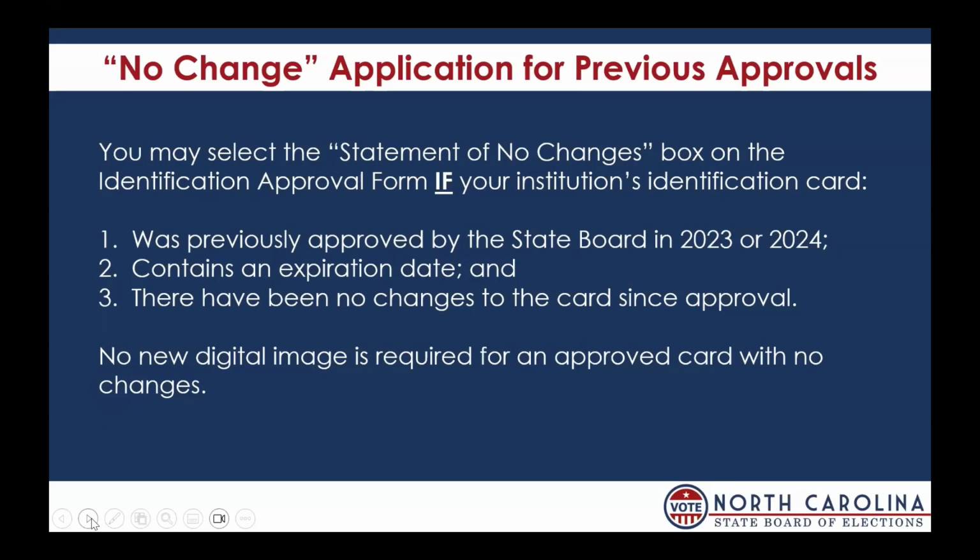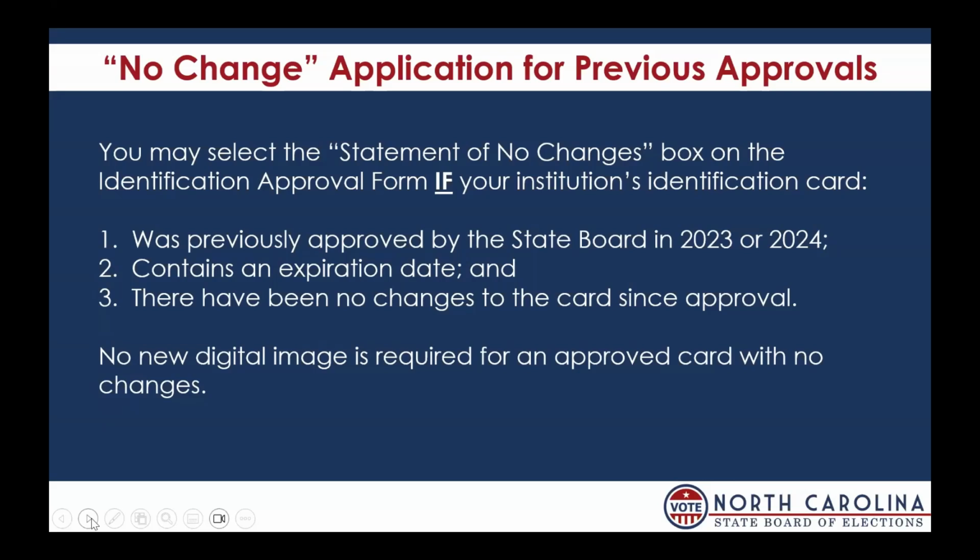And an eligible institution can check that box and submit the abbreviated form. If it was previously approved by the state board in 2023 or 2024, if the ID was previously approved in those years, if the ID contains an expiration date, and if there have been no changes to the card since approval.